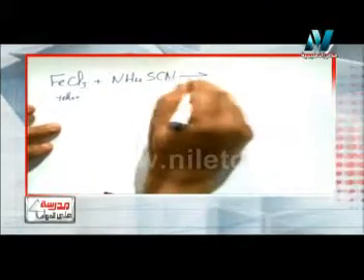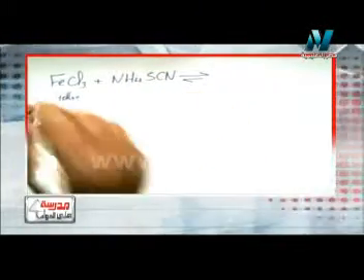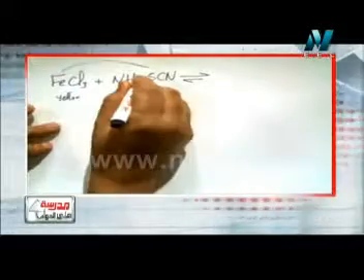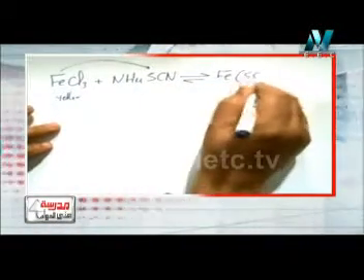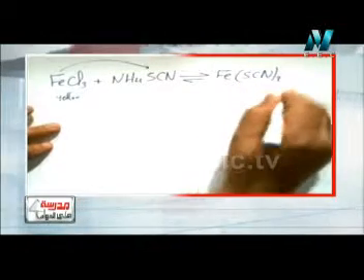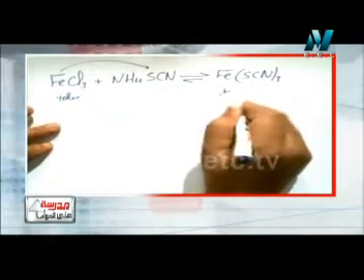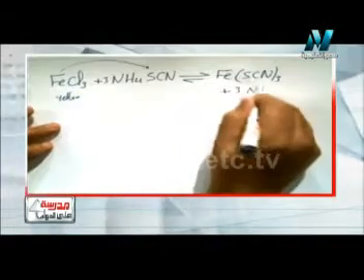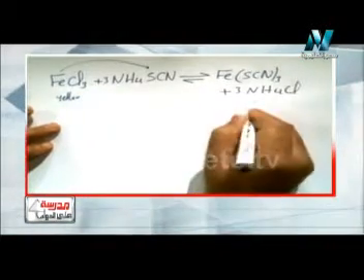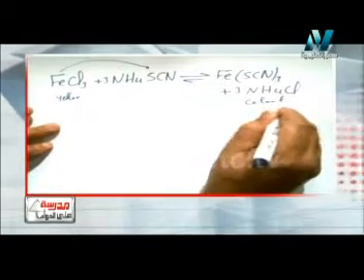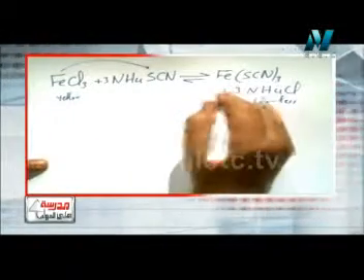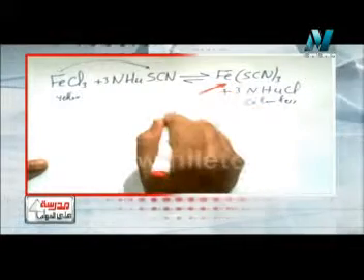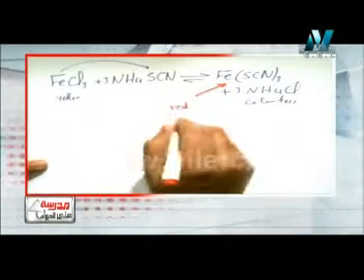It gives iron thiocyanate, Fe(SCN)3, plus, I write 3 here to balance the equation, 3 NH4Cl, colorless. And Fe(SCN)3 has a blood red color.